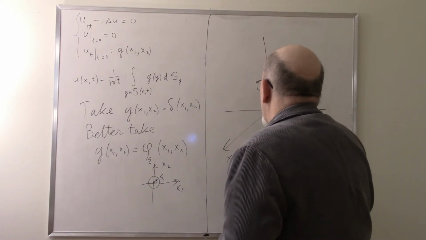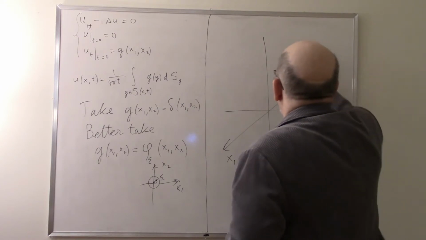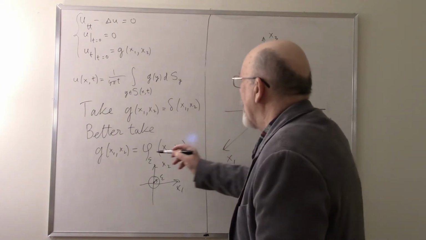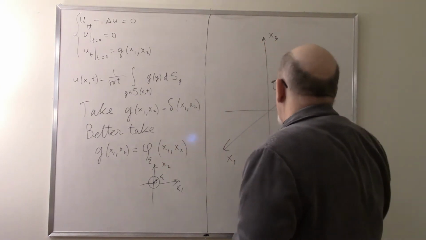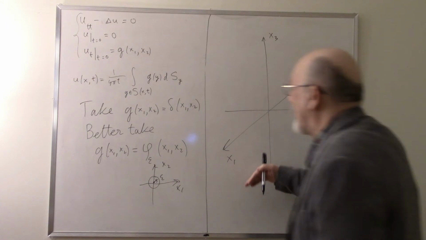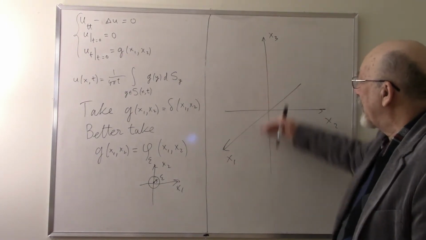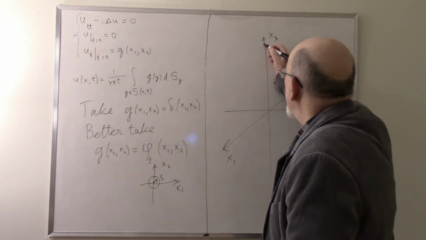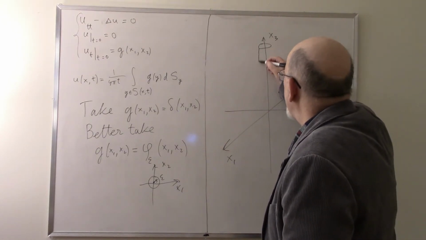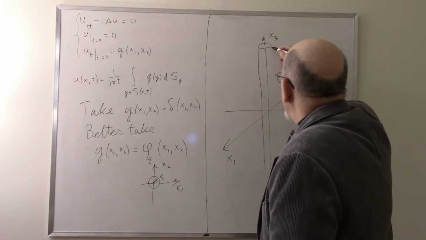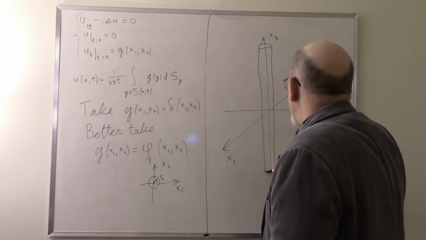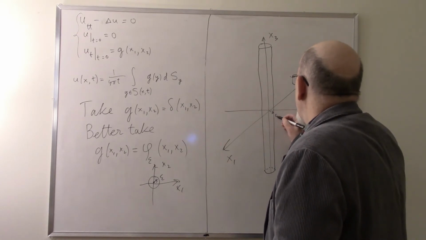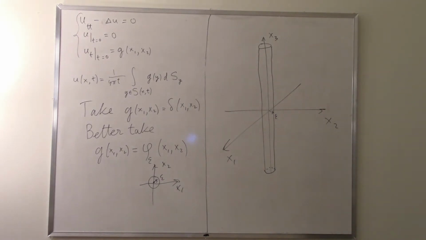So there is x1, x2, x3. So the function phi epsilon of x1, x2 in this three-dimensional space, if we add variable x3, and the function depends only on x1, x2, so the function is concentrated in the cylinder of radius epsilon around the x3 axis.